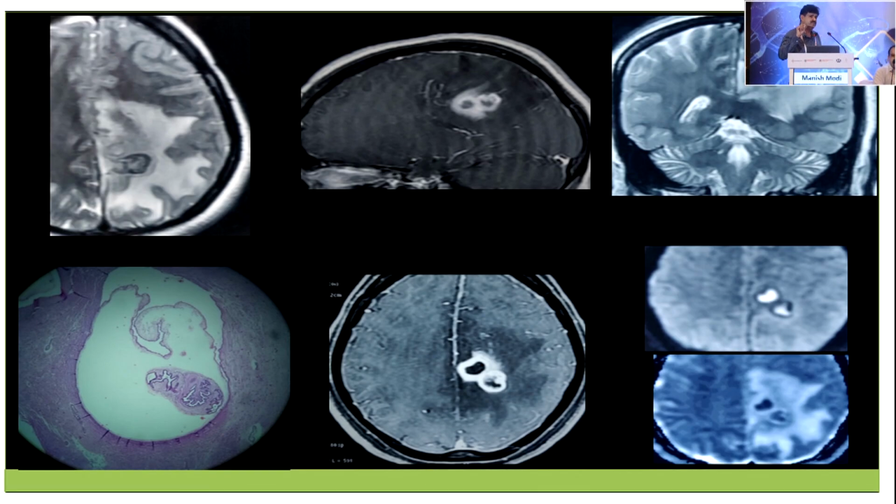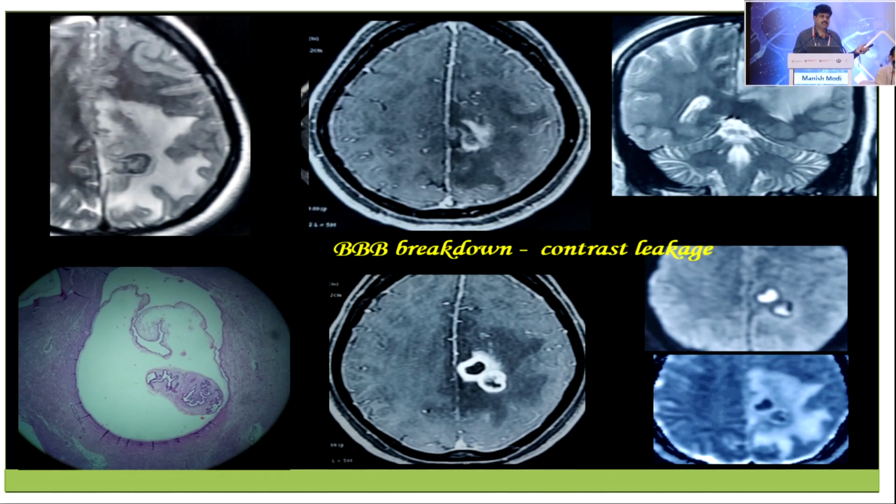Mind you, all these words are very, very important. And then one of these has a proper thick wall and the other one is a freshly forming or newly forming cyst. So the diagnosis in this case is neurocysticercosis.